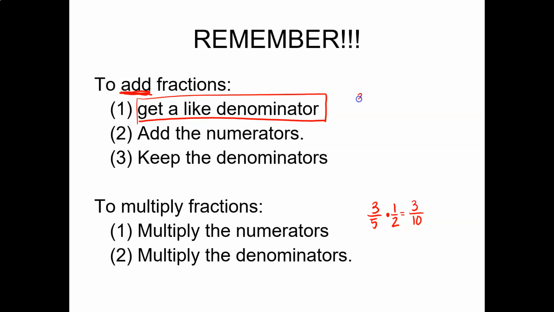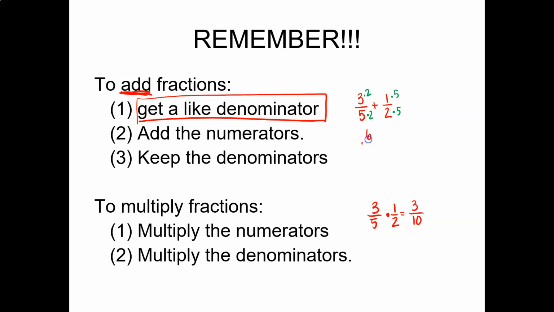So if I'm trying to do 3/5 plus 1/2, then I have got to get common denominators. In this particular case, I need to multiply by 2 on top and bottom here, and 5 on top and bottom here.